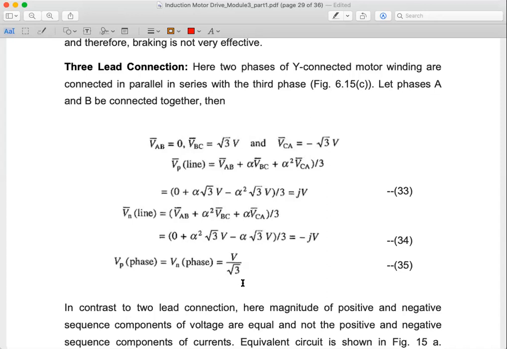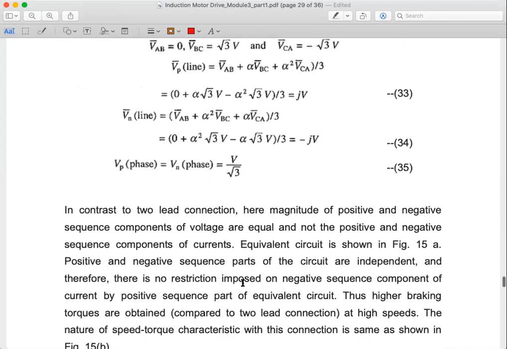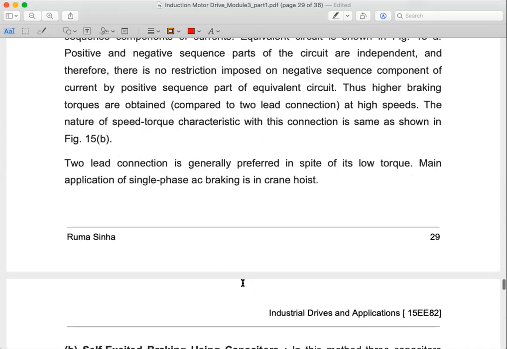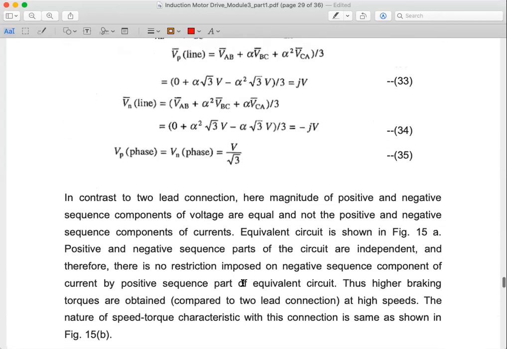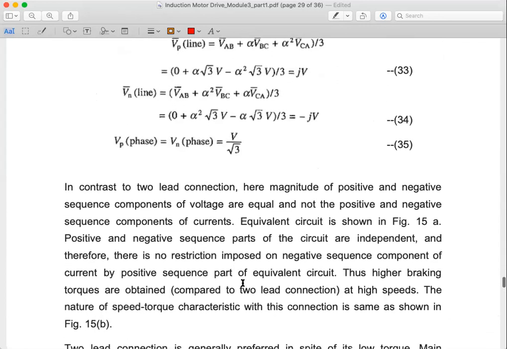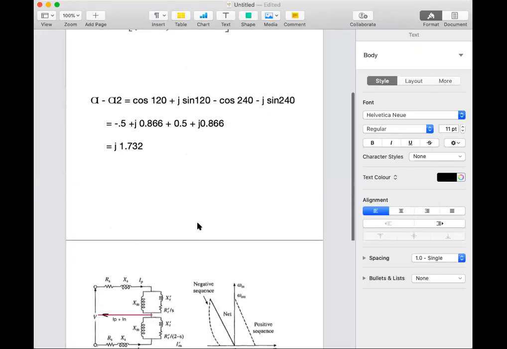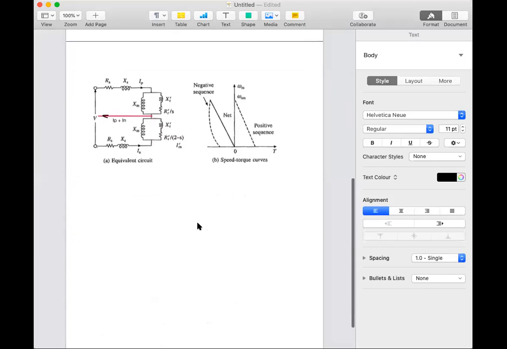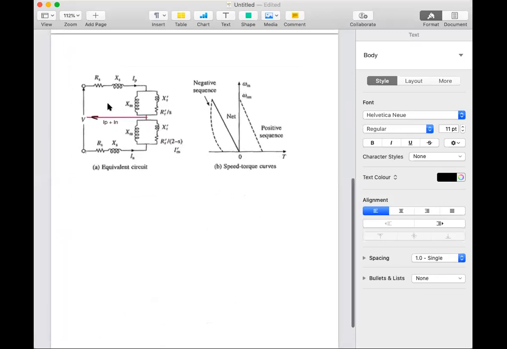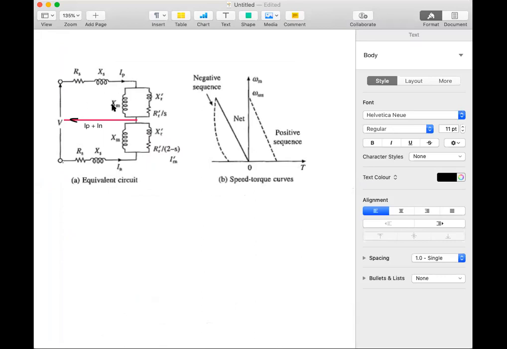Again, whatever diagram we got in the two lead connection, we get the same diagram in the three lead connection. Note one small thing in these notes: the equivalent circuit for the three lead connection is missing. I'll just show you from here. This is the equivalent circuit, exactly the same as before.